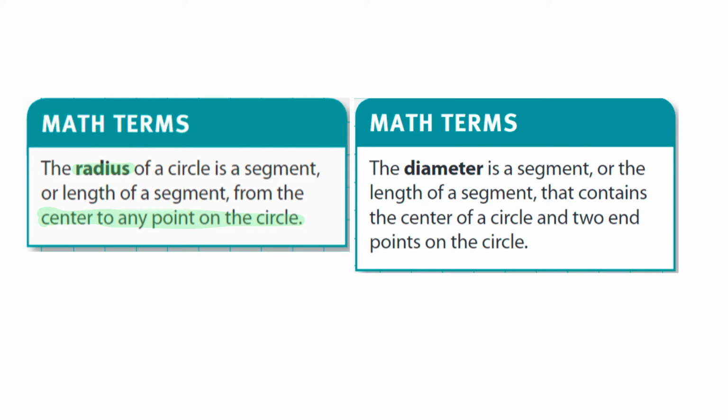So the first thing we have is a radius, and again it goes from the center to any point on the circle. The second one, again we should know this one as well, is the diameter, which is a segment as well, or a length of segments, that contains the center of the circle and two endpoints on the circle.